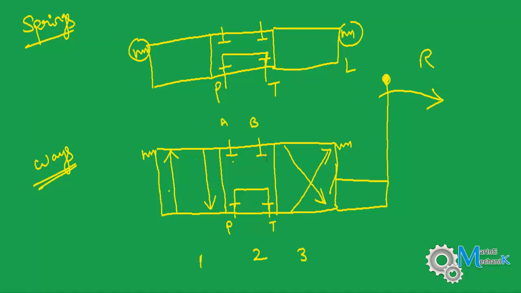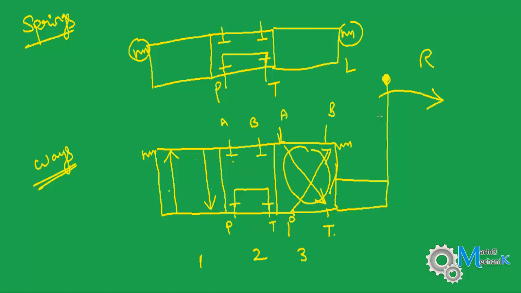The ports, or the spool inside the cylinder of the control valve, are going to shift, which means the ports in this particular position are going to shift. A will come here, B will come here, P will come here, and T. Let me use another color so that we can understand better.